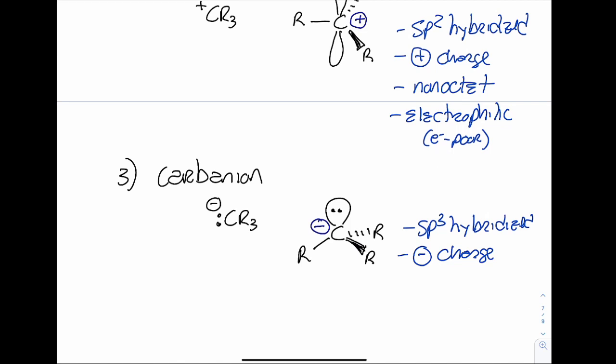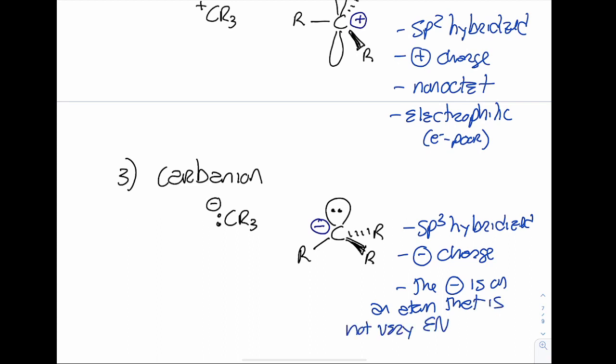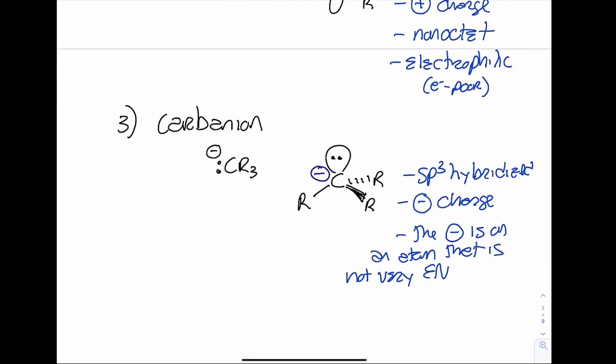Carbons just don't handle that negative charge well. So we could say the negative is on an atom that is not very electronegative. It just can't handle that charge very well. It is nucleophilic, right? It has that lone pair, it's my electron source.